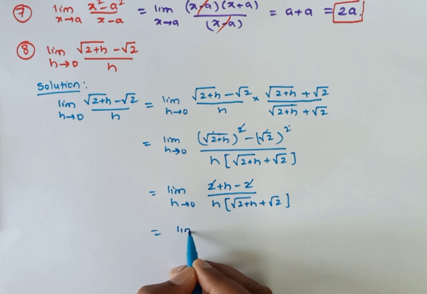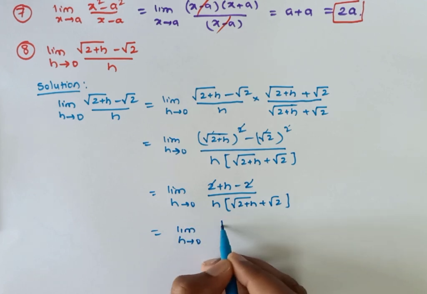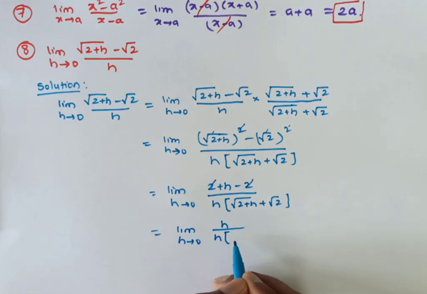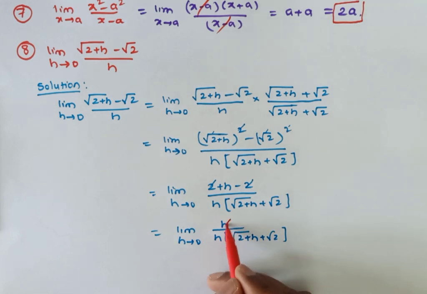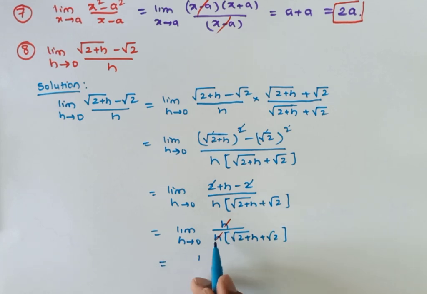Then finally this is limit h tends to 0 of h divided by h times (root of 2 plus h plus root 2). Here also we can cancel this h and h. Now you can apply the limit. The numerator is 1. For the denominator, root of 2 plus h is root 2 as h tends to 0, since a constant is always a constant.